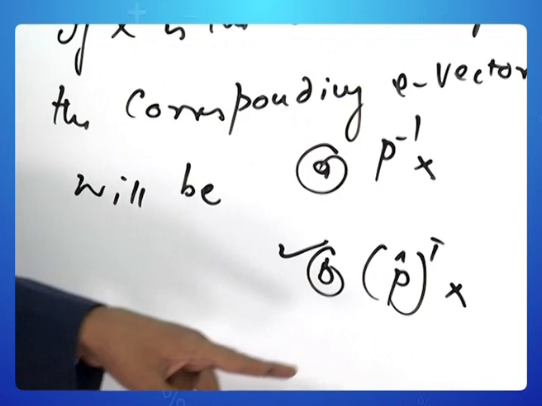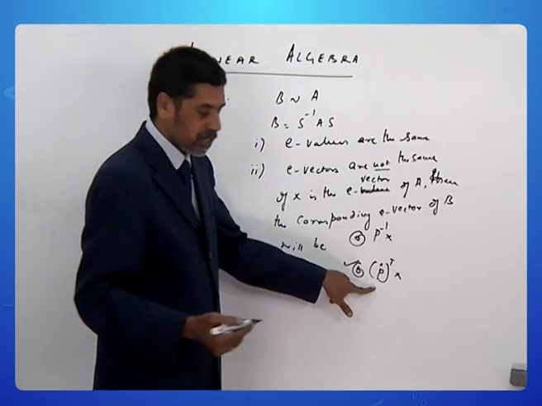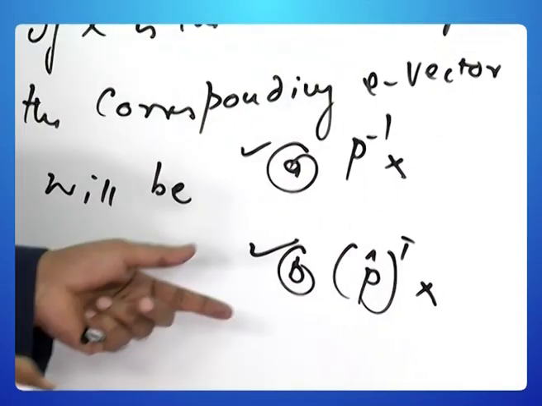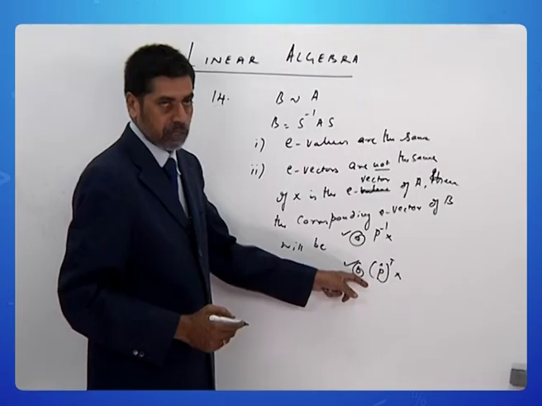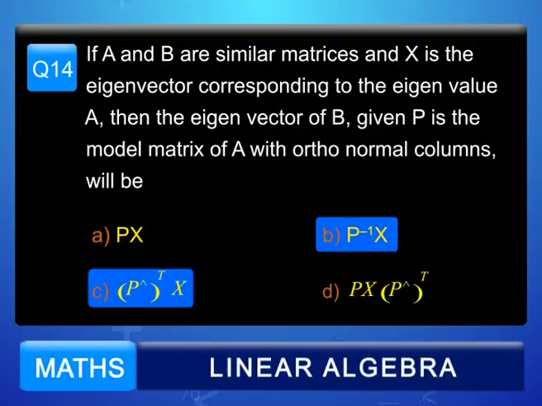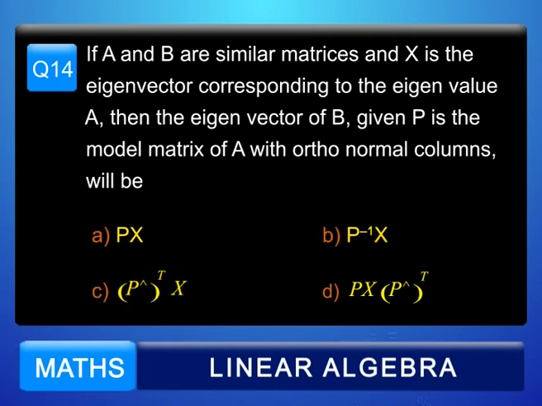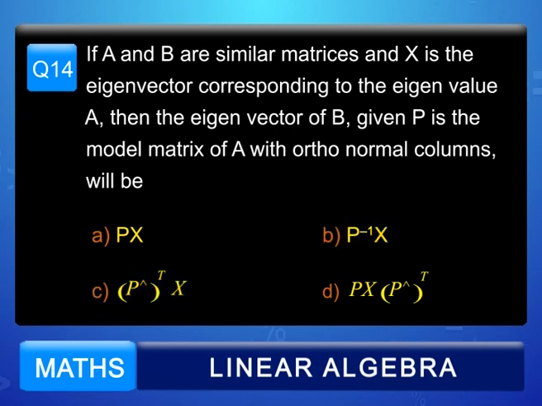Both the options are correct, but this would be the better one. So because both the options are available, we can tick off both of them. But suppose this was missing, then this would be the correct option. As far as this question is concerned, options B and C are both possible answers.